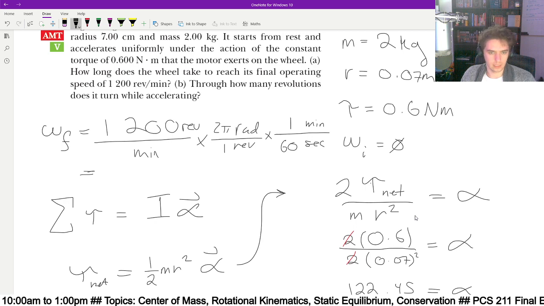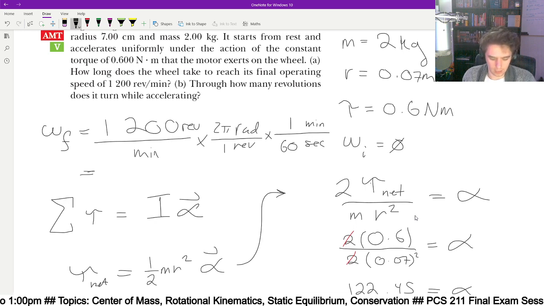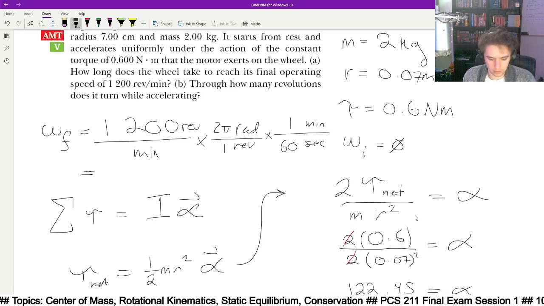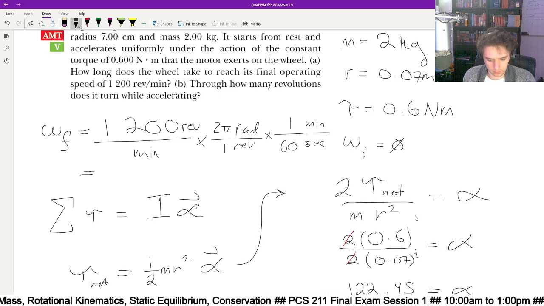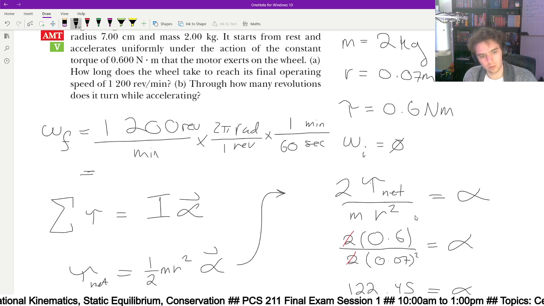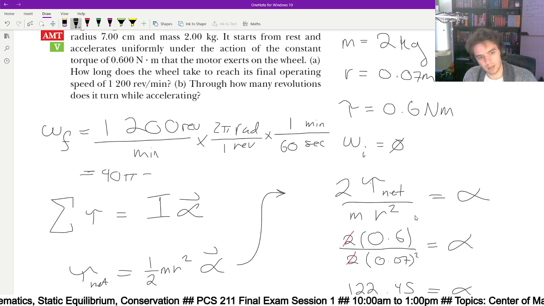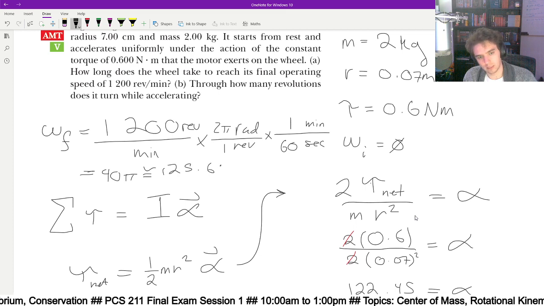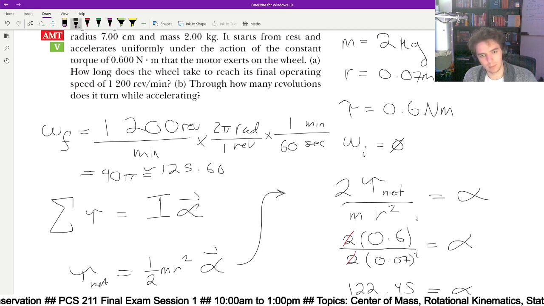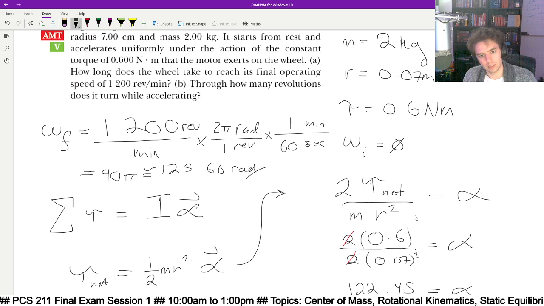So I'll squeeze that in here. That's going to be 1,200 pi over 30, which is 40 pi, approximately 125.66 radians per second.